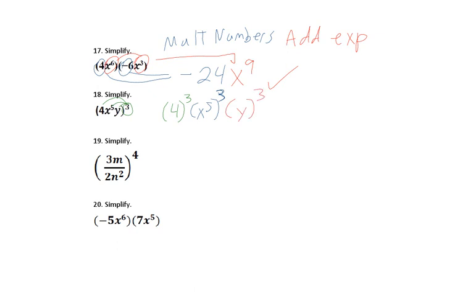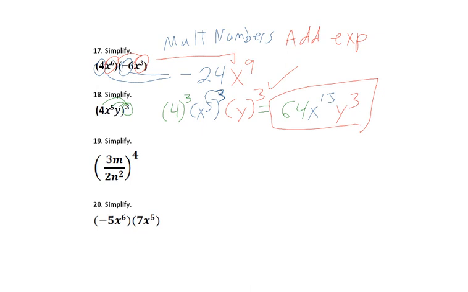Let's do what we can. 4 exponent 3 is 64. Whenever you have two exponents on one letter, that means multiply. So 5 times 3 is 15. And y^3 is y^3. Nothing to say there.